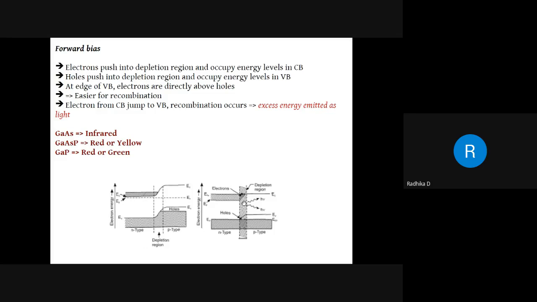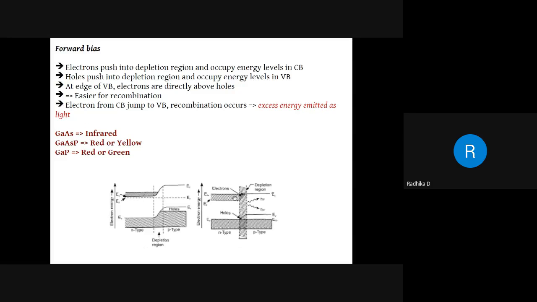Now, when this current is produced, what happens in the case of an LED? Let's see that. Here in the conduction band of the depletion region, we are going to focus on this vertical region. When current is produced, charge carriers are moving towards the junction. They are reaching the junction. Here in the N-type, I have more free electrons, right? I have majority charge carriers as electrons in N-type.